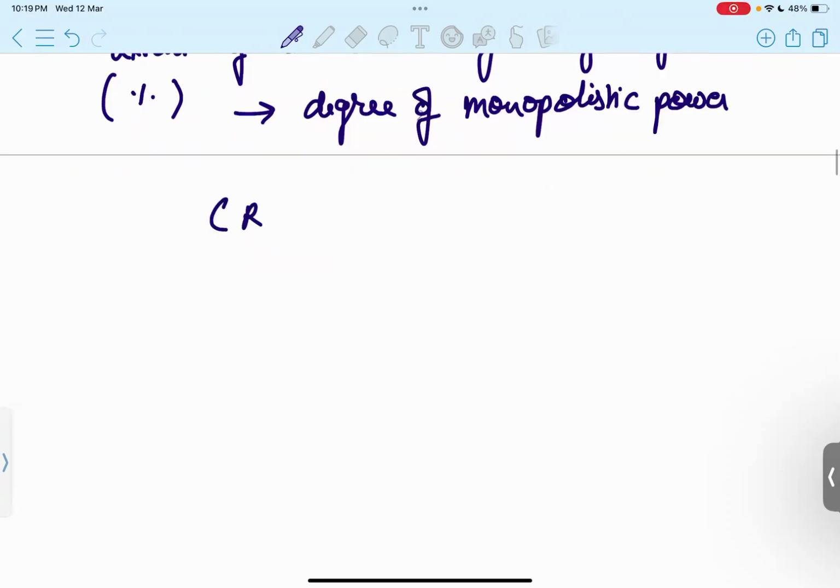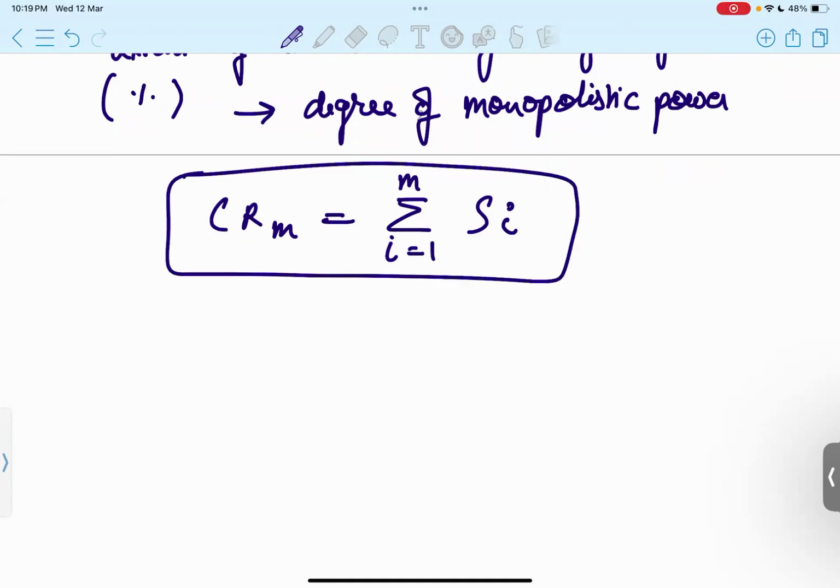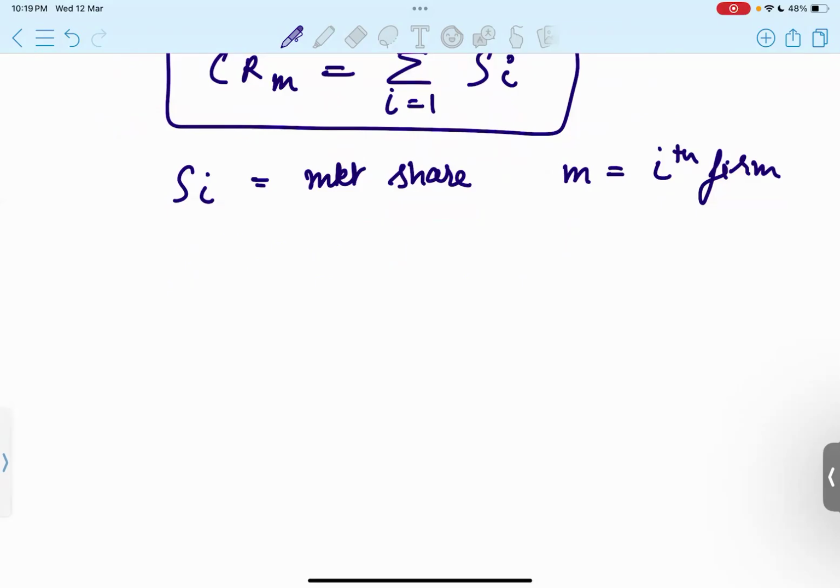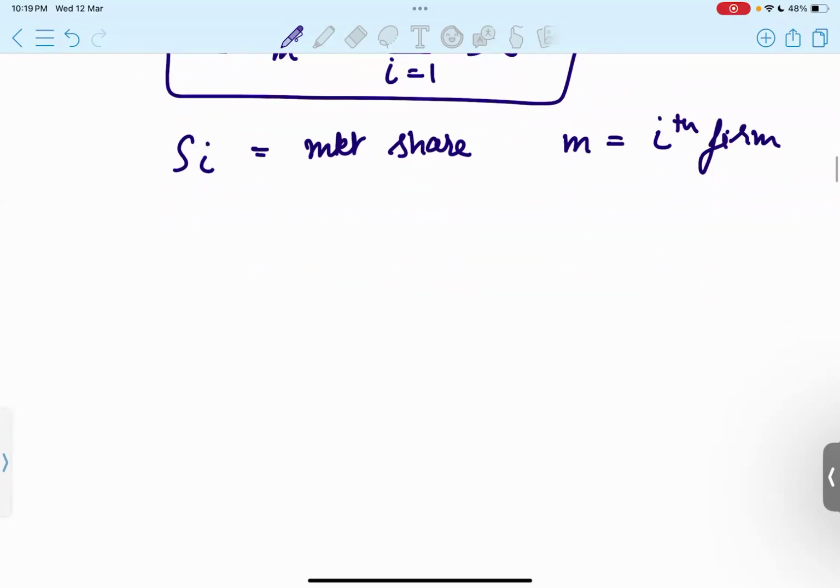So how do we measure this? This is the symbolic representation. Same as before, we take the summation over the total M firms. Again Si is used, which is the market share, and M is the number of firms for which we are calculating the concentration ratio.